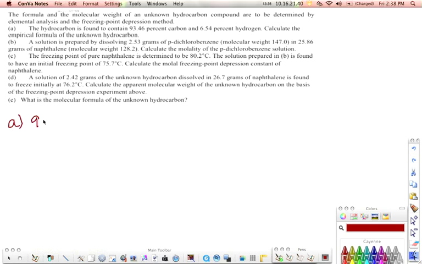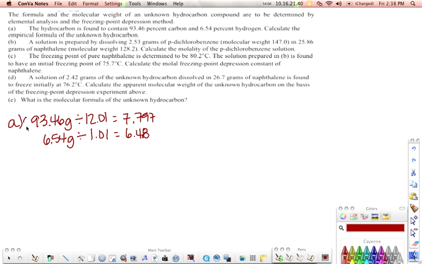So we make our 100 gram assumption, 93.46 grams of carbon divided by the molar mass of carbon gives us 7.797 moles of carbon. And then it said that we had 6.54 grams of hydrogen divided by its molar mass means that we have 6.48 moles of hydrogen. This is carbon, and this is hydrogen.